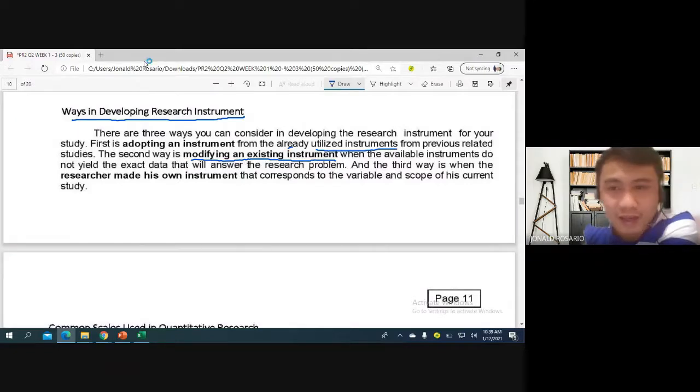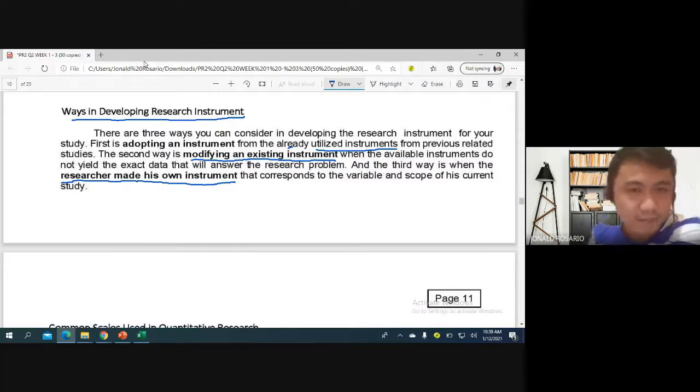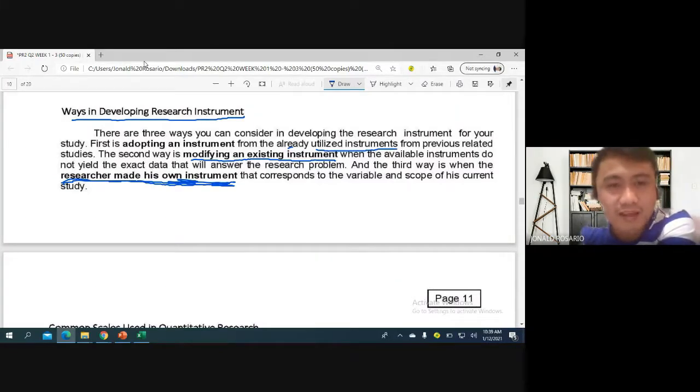And ito ang pinaka mahirap. Researcher made his own instrument. So siguro hindi pa natin kakayanin ito, yung gumawa ng sariling instrument na valid at the same time reliable. Madaling gumawa ng instrument, kaya natin gawin. Ang problema, is the instrument valid or reliable?